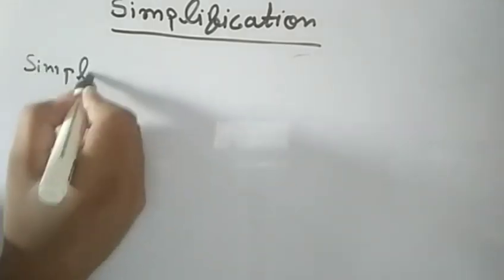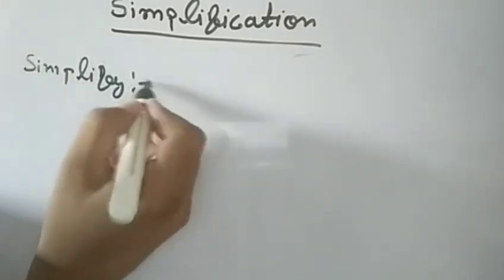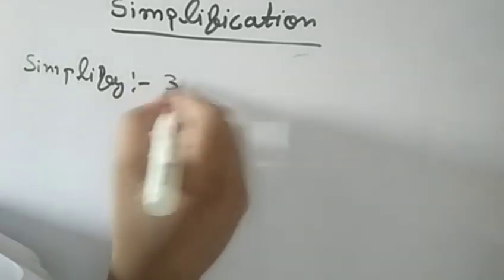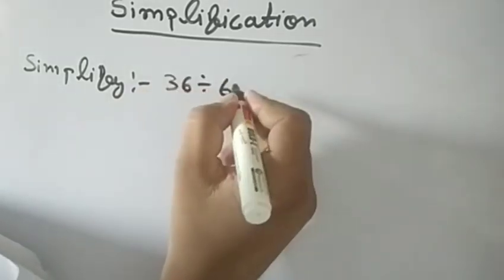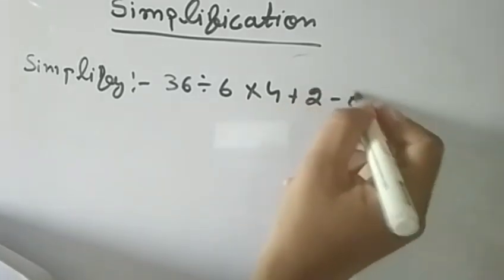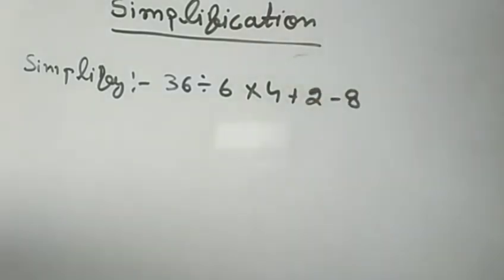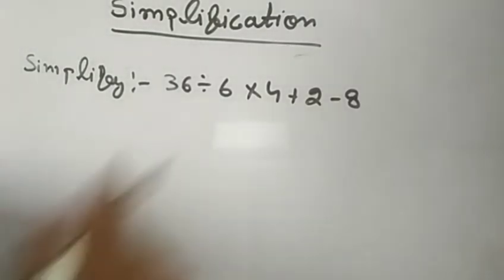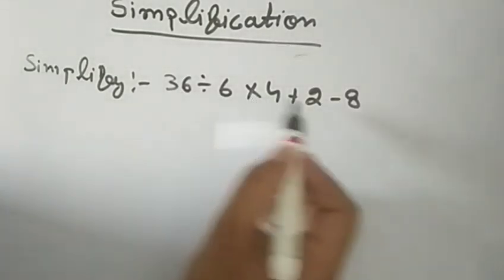For example, simplify 36 divided by 6 into 4 plus 2 minus 8. So this is a simplification problem. Now, as I told you earlier, it involves four operations: 1, 2, 3, 4.